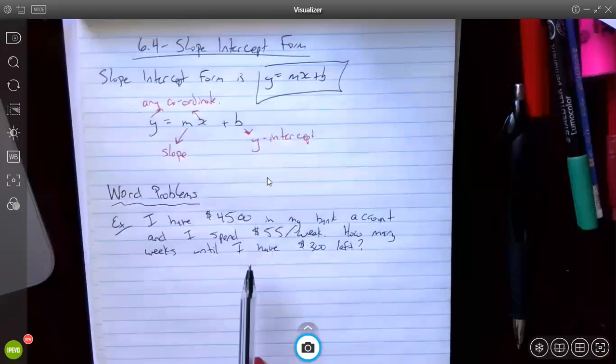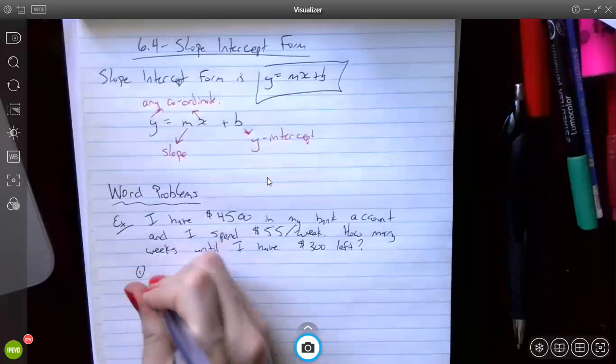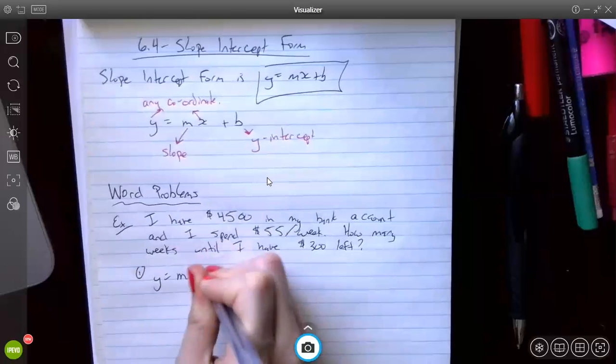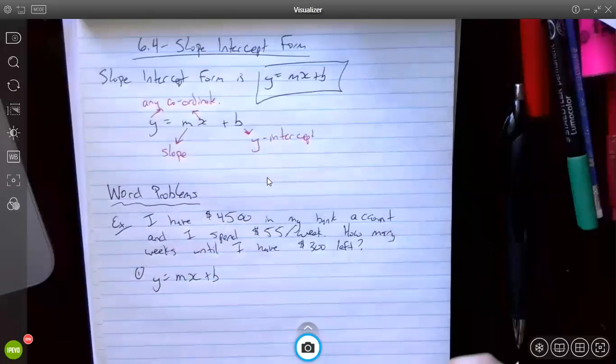This one only gives us 3 numbers in total, but one of them is the amount that it's changing by, the $55 per week. So because of that, we can go right to our first step, which is writing the equation of this relationship as y equals mx plus b.